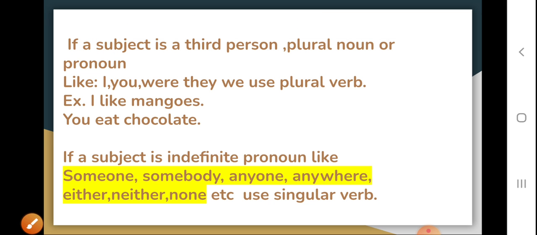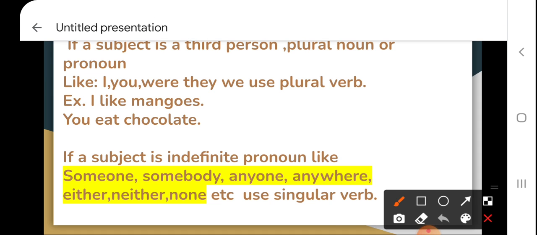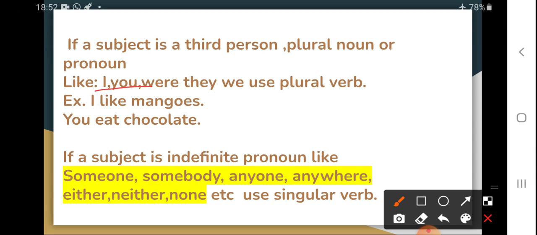Now see the next rule. If a subject is a third person, just now I told you that I will explain about I and you over here. See, I and you are treated as plural in the sentence.